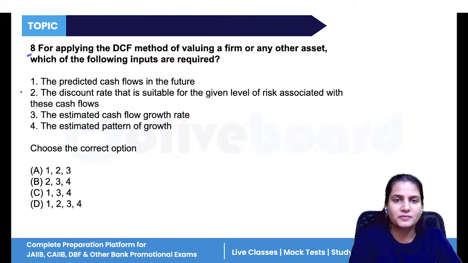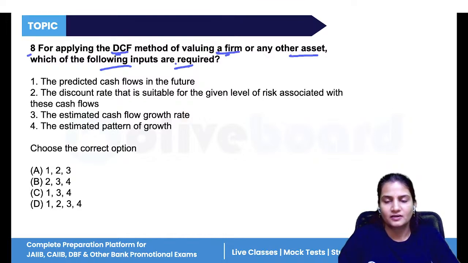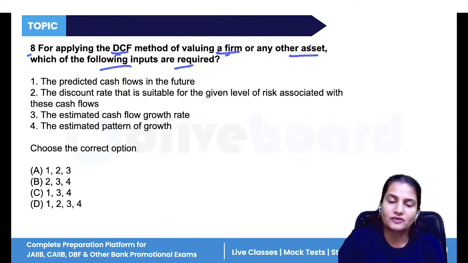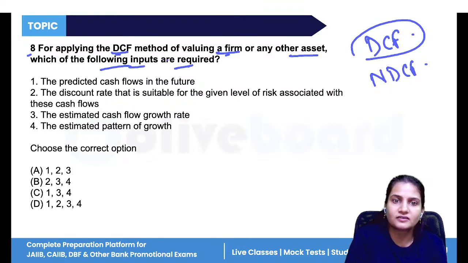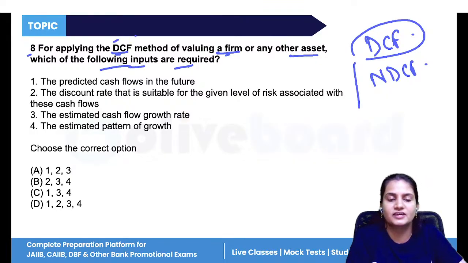Now, question number 8. For applying the discounted cash flow method for valuing the firm or any asset, which of the following inputs are required? I have told you right now that for doing the valuation of the company, two methods are followed. Either you will go with discounted cash flow or you will go with non-discounted cash flow. Now, what are the factors that you will consider while following the DCF method?